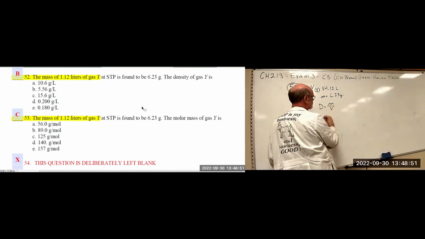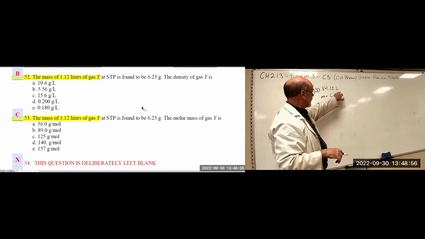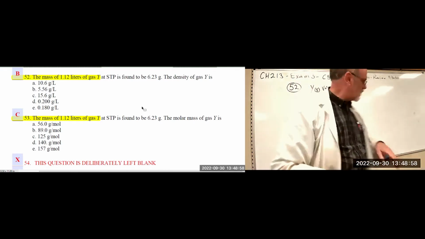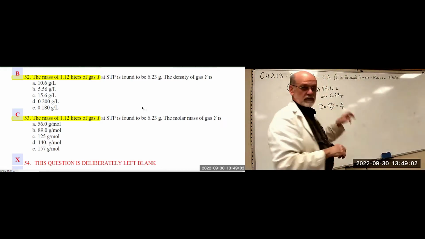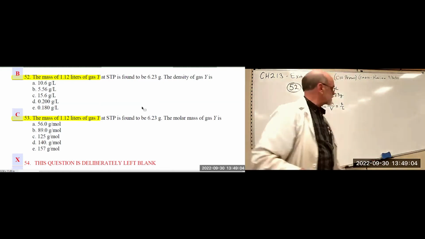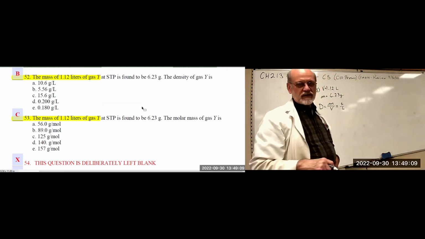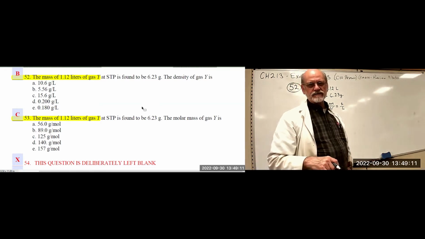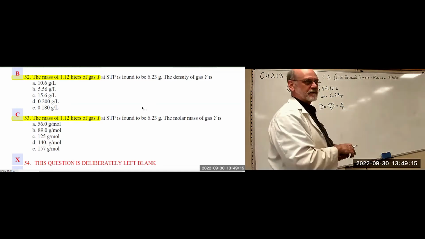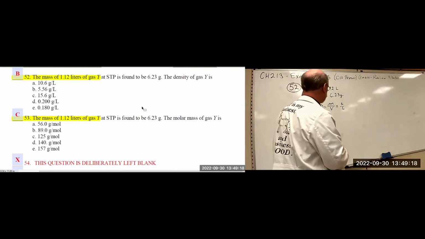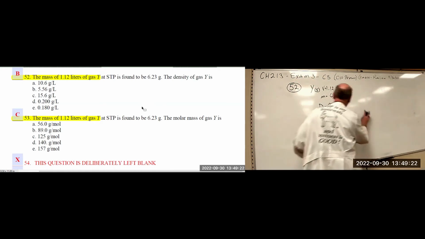Mass divided by volume. Let's check our units. Right now they're in grams and liters. Is the answer in grams per liter? Yeah, grams per liter. So we can just divide this one by that one, and it should come out between 5 and 6. B. Just shove the numbers in there.